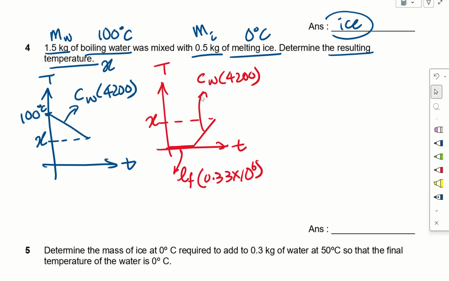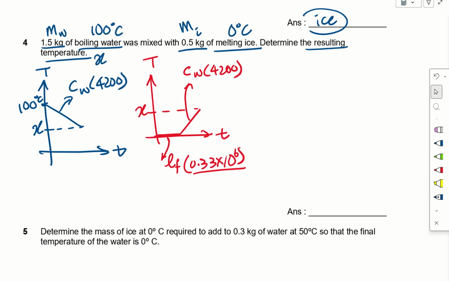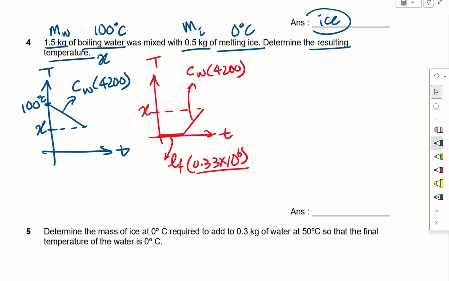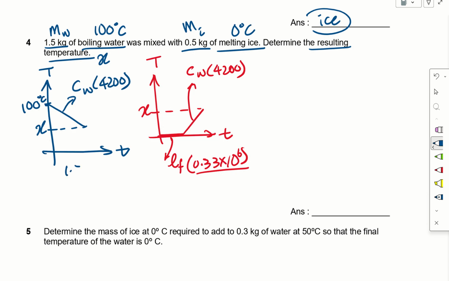So we are actually using the specific latent heat of fusion for ice changing into water, so it will be 0.33 times 10 to the power of 6. Also need to take note that the mass over here is 1.5 kg. You need to use the corresponding mass. So over here, it will be 0.5 kg for ice, which after it has fully melted, will become 0.5 kg of water.